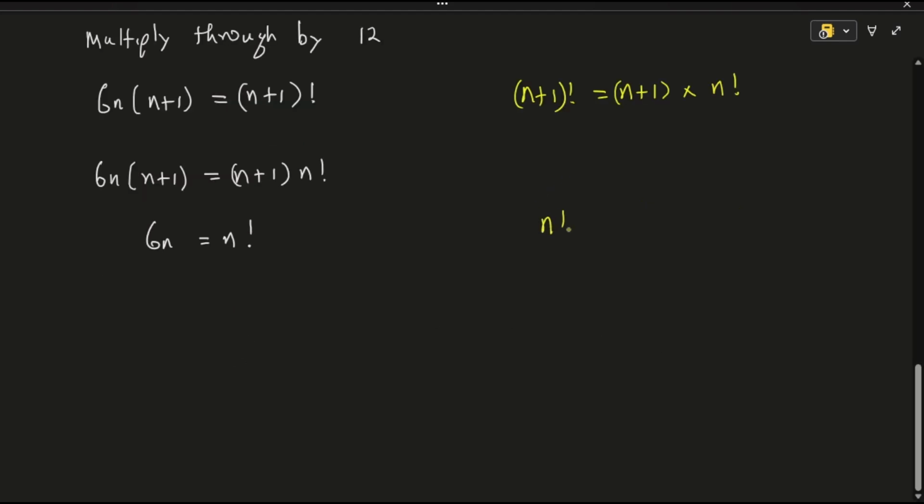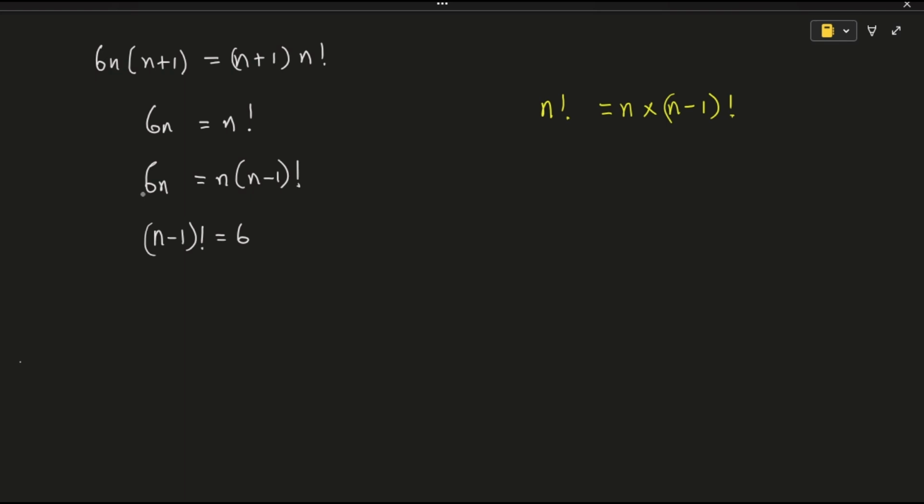Now, n factorial can be expressed as n times n minus 1 factorial. So it means that 6n is equal to n into brackets n minus 1 factorial. So if we rearrange the expression, it means n minus 1 factorial is equal to 6. Now, the factorial of a certain number gives us 6. Let's do some guesswork over here.